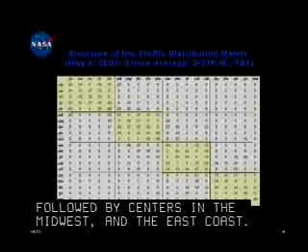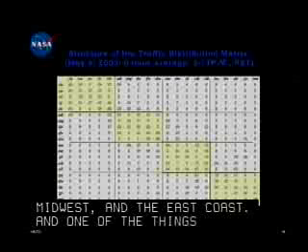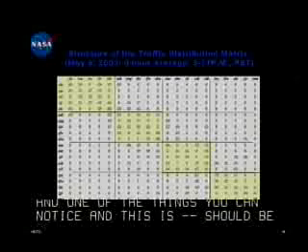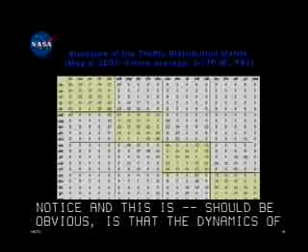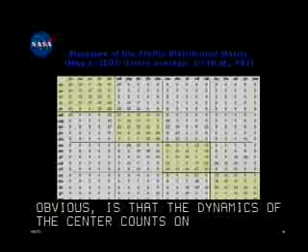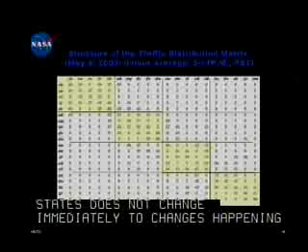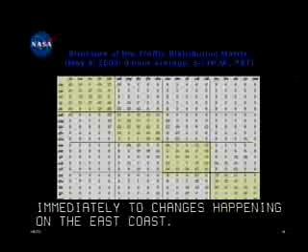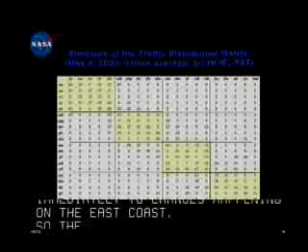And one of the things you can notice, and should be obvious, is that the dynamics of the center counts on the western states do not change immediately to changes happening on the East Coast. So there is a natural time scale to the problem. Next view graph, please.